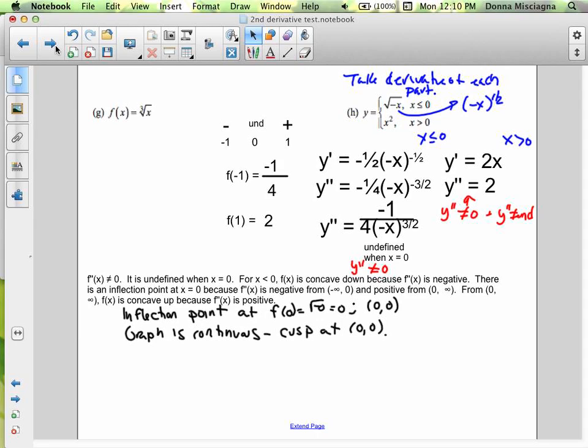There are too many negatives in there, because it would be 1/2 times negative x to the negative 1/2, and then times the negative 1. Never mind, there are 2 negatives in there.